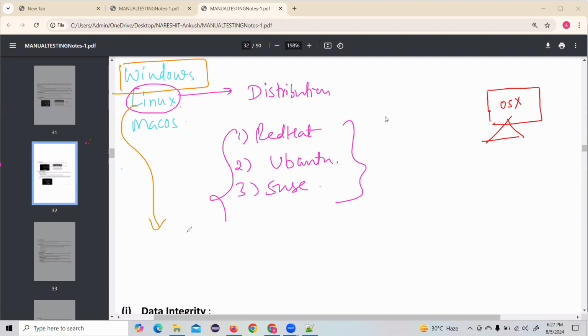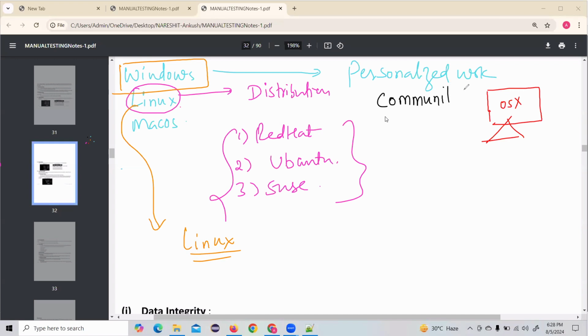But organizations will follow only Linux. Why will they not follow Windows? Windows is user friendly so that everyone is using. Okay, again, anything? See, guys, Windows is used for only personalized work. Why, sir? Because under Windows, we cannot do community kind of things.